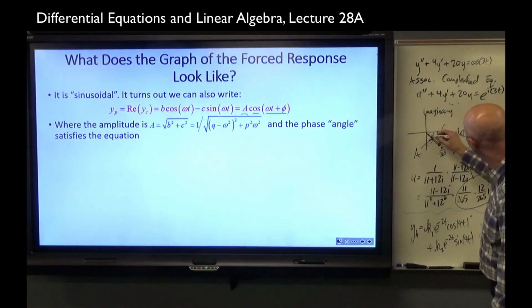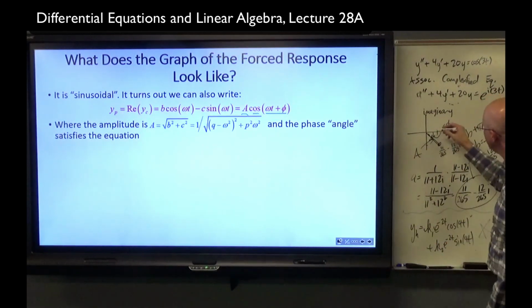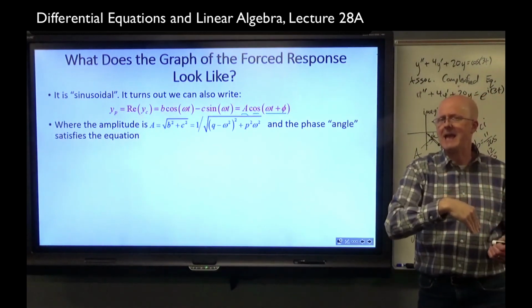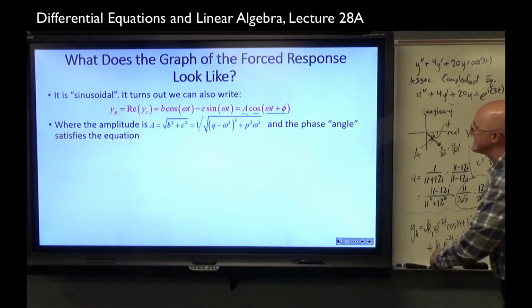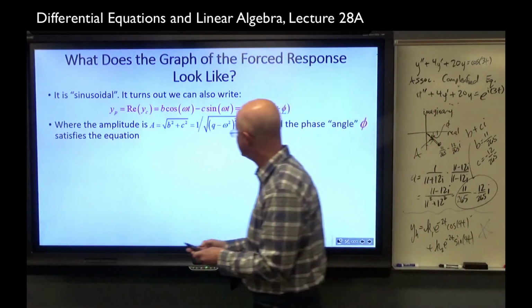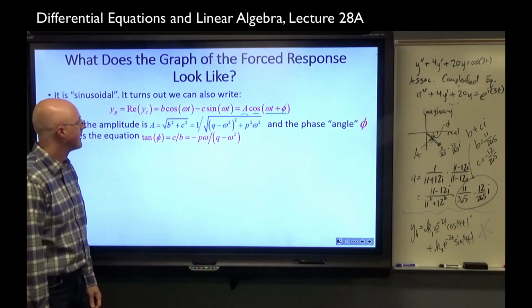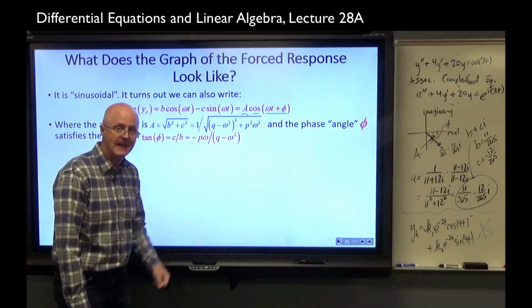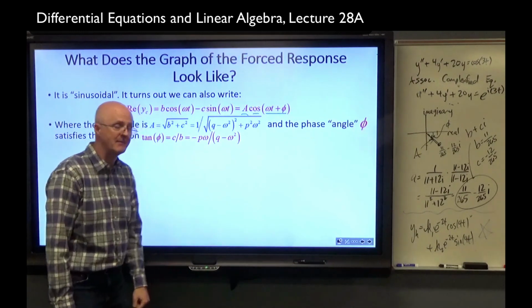And that, in fact, is why we call it a phase angle, or at least part of the reason. It's that angle, a clockwise angle, which we would consider to be negative typically. It's called the phase angle, and it's got to satisfy this equation. Its tangent is c divided by b, where b is positive and c is negative here, which in terms of p, q and omega is this, and you should take the time to verify that.